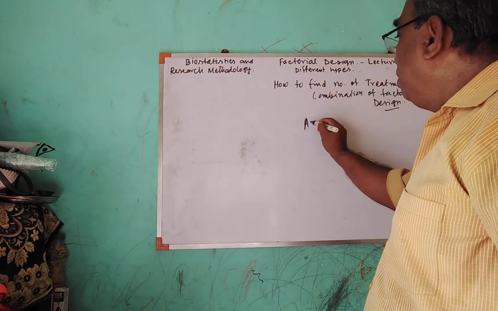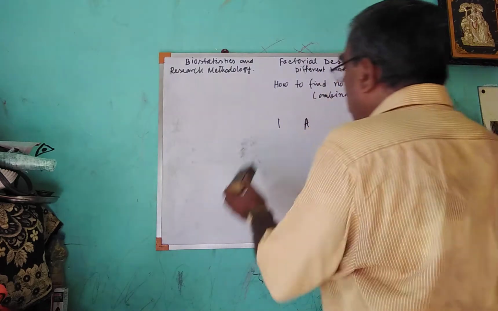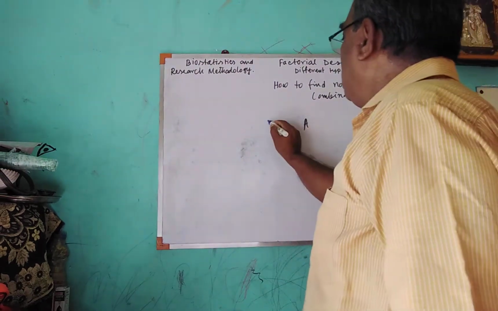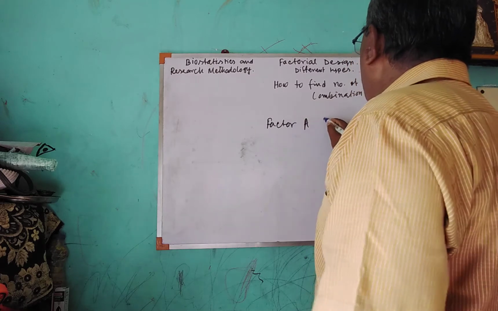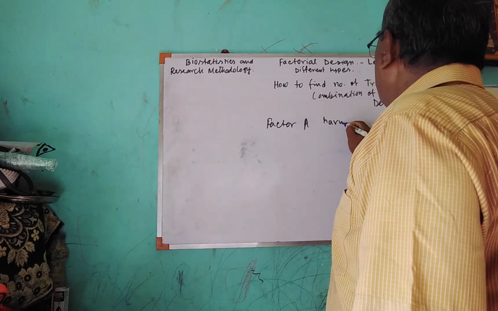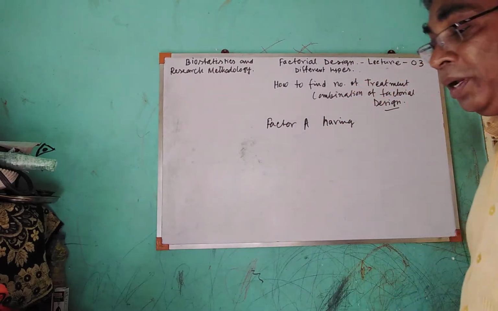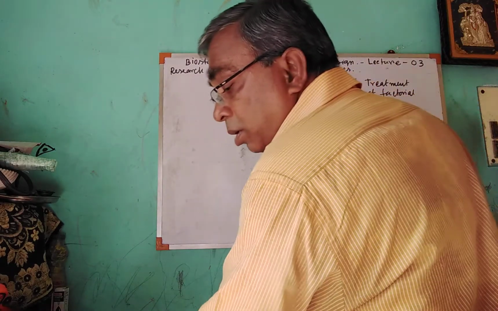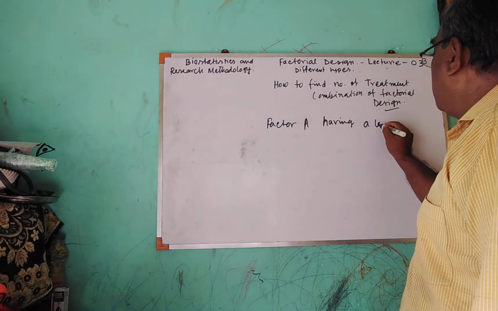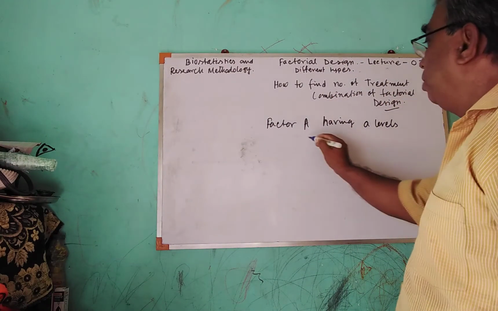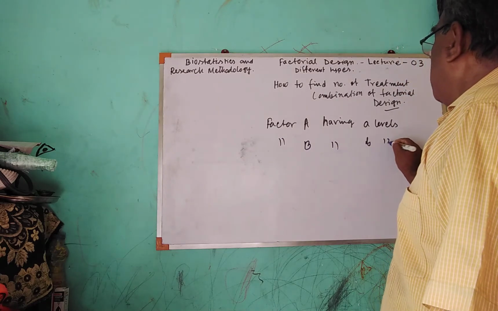Say factor A having A levels, factor B having B levels.